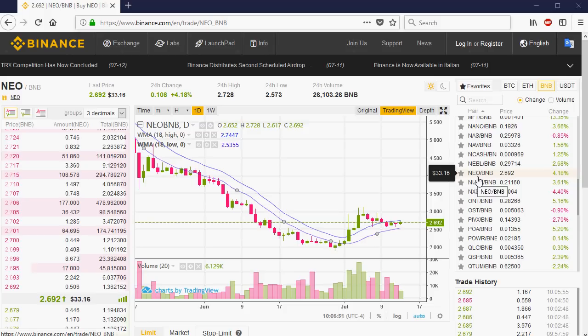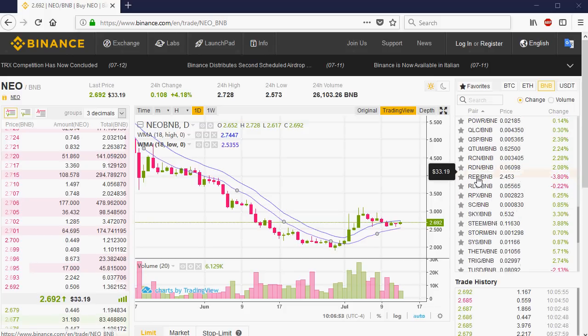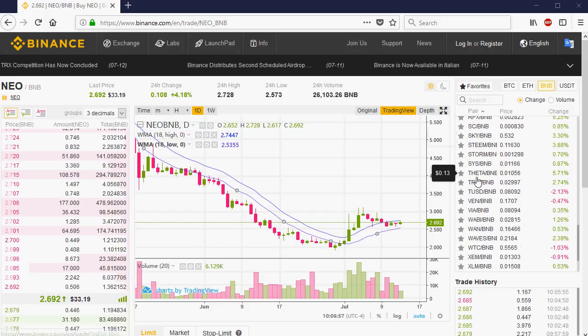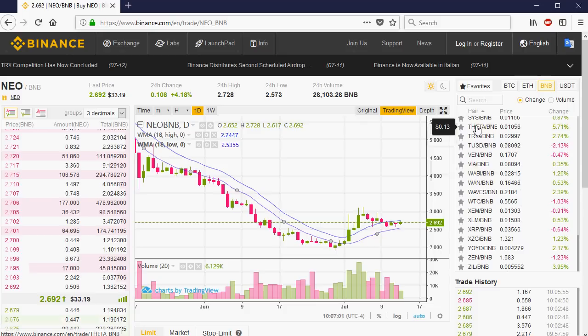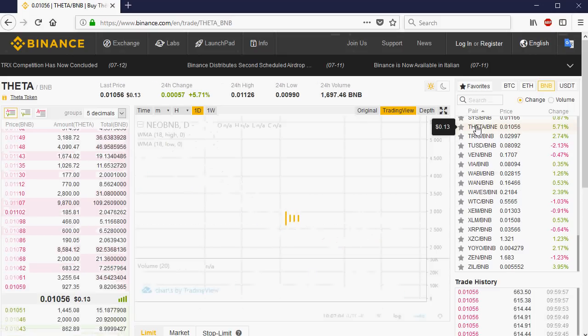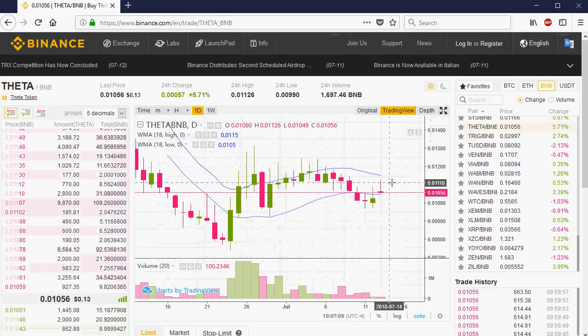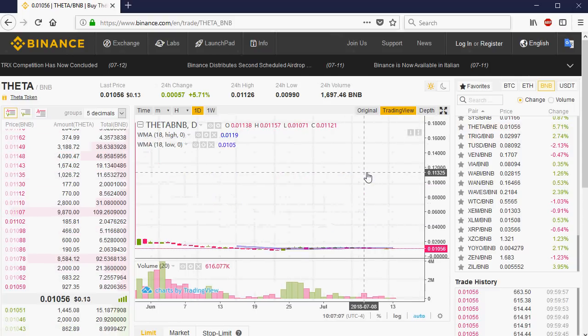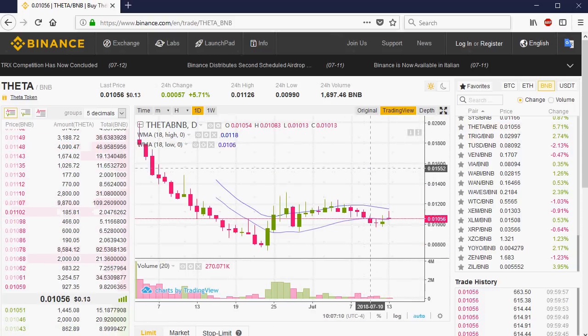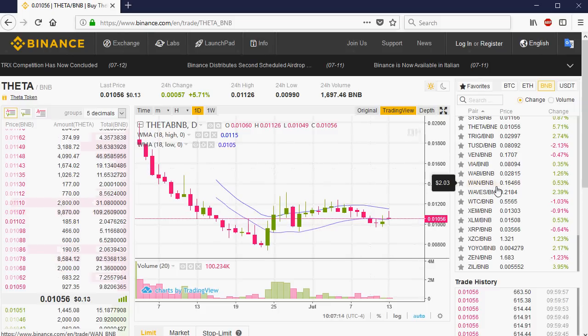I might use it as one base currency to trade one or two different things. I'd probably be limited to playing only about 10 or 12 different coins. Theta is one interesting one that probably has a good long-term risk reward. If I was to only pick about 9 or 10 coins, this would be one of them.